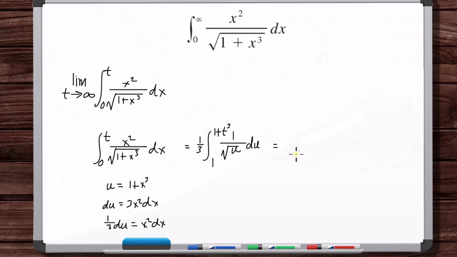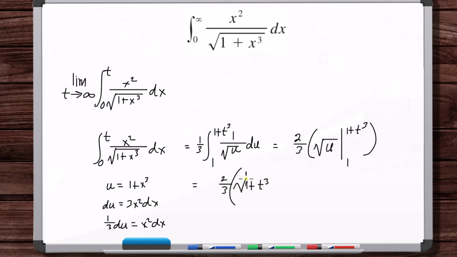All right, so we've got 2/3 square root of u evaluated from 1 to 1 plus t cubed. So 2/3, okay, 1 plus t cubed.